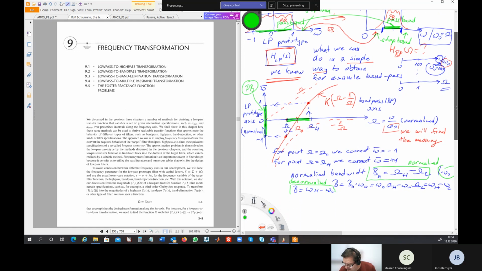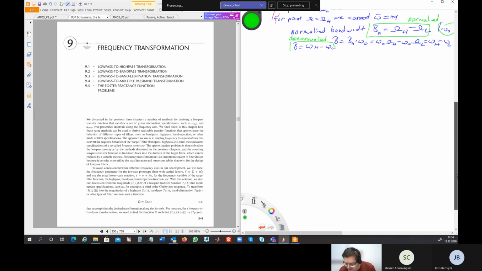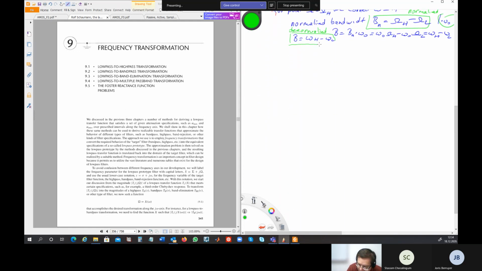Okay. Now we can pull it down. Good. So for now we have the basic equation, which is equal to f of omega, and this is equal to k times omega minus 1 over omega.